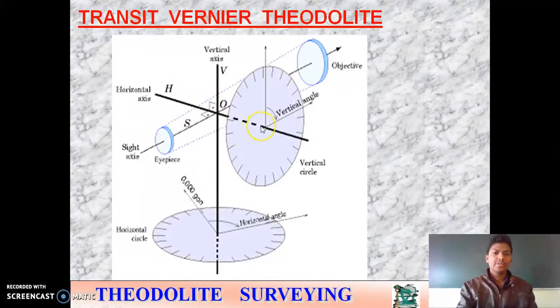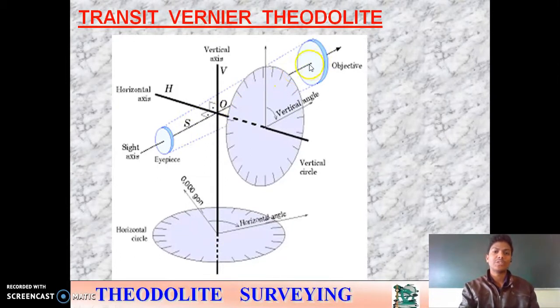In this picture, you can see the graphical view of the transit vernier theodolite. This is the vertical axis and this is the horizontal axis. This is the vertical circle by which we can measure the vertical angle, and this is the horizontal circle by which we can measure the horizontal angle, and this is the telescope used to sight the object.